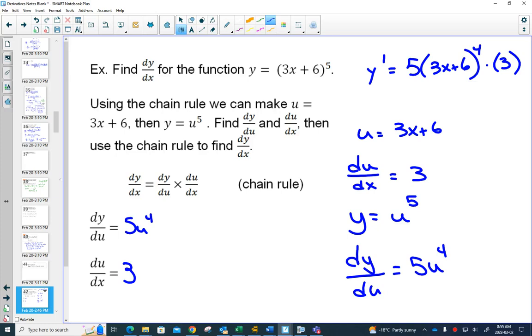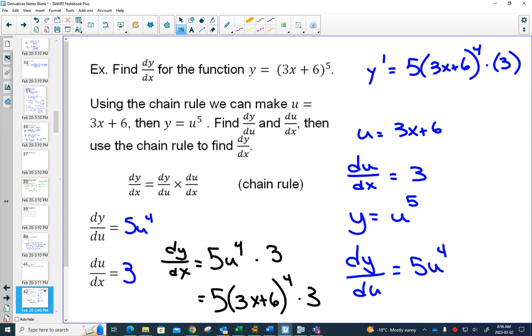According to the chain rule, then dy/dx is equal to dy/du, which is 5u to the 4, times du/dx, which is 3. And then I would have to go back and substitute what was u? Well, u was 3x plus 6.